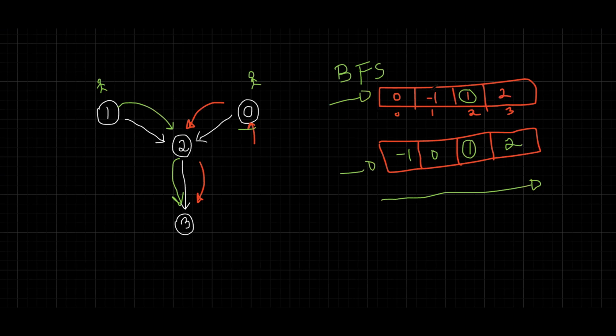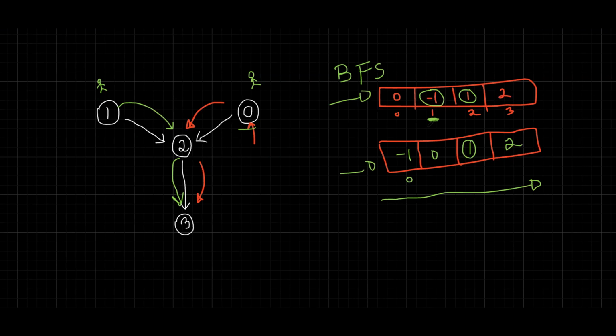So here, this minus 1 basically represents that from the first starting node, we cannot reach the index number 1 or the node 1. This minus 1 represents that from the second BFS, we cannot go to the index number 0.